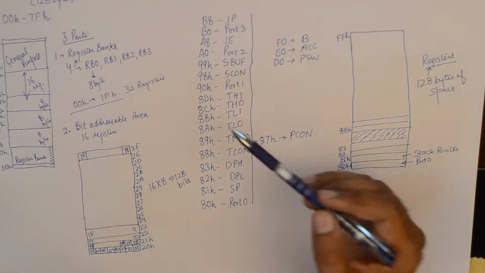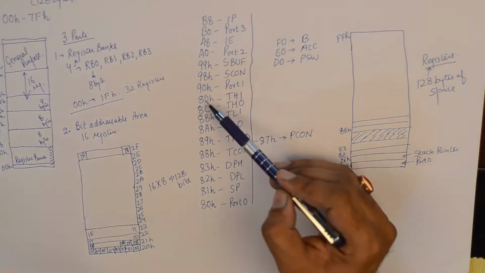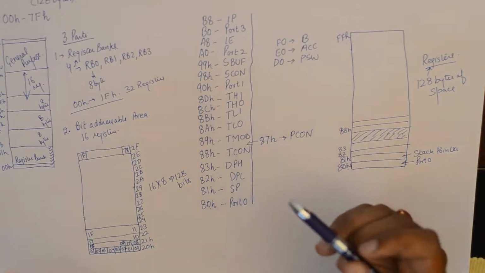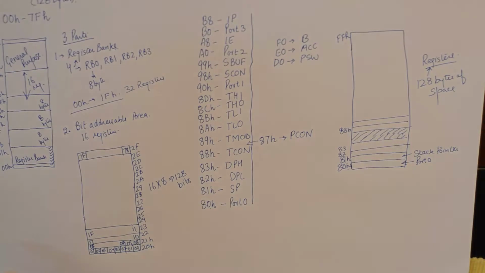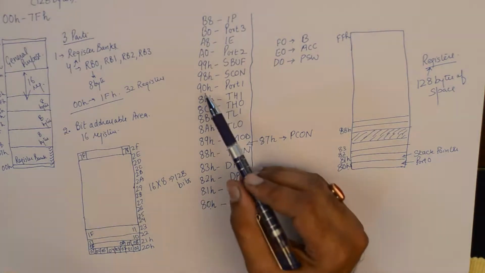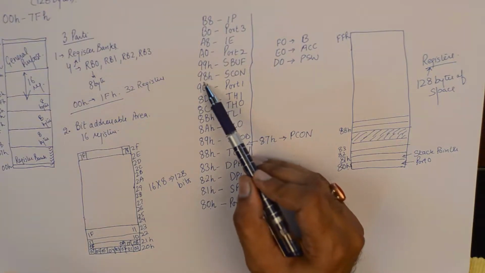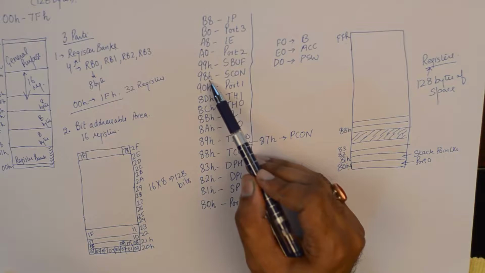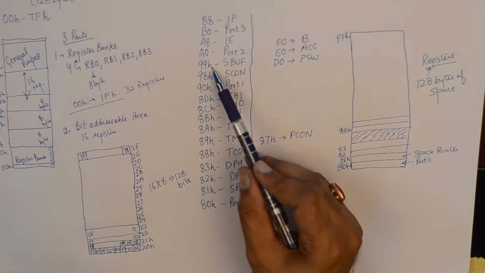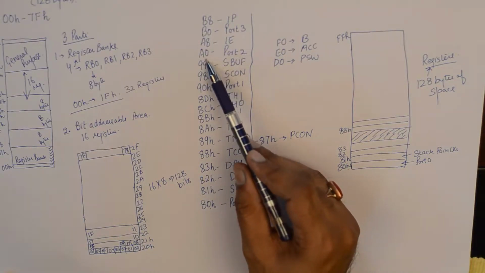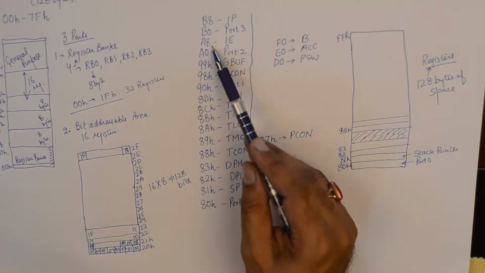And after 8D, the registers are placed sparsely. After 90H, you'll find a special function register at 98H, 99H, and then you have a space. Then you have another space which is not accessible.